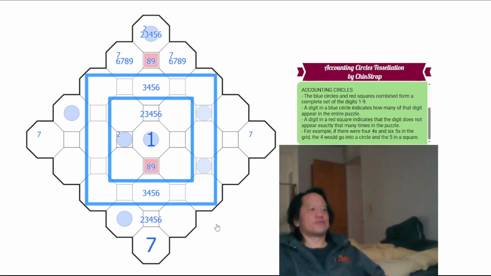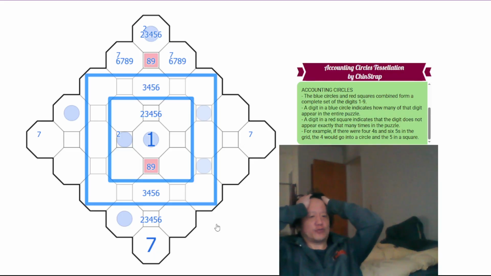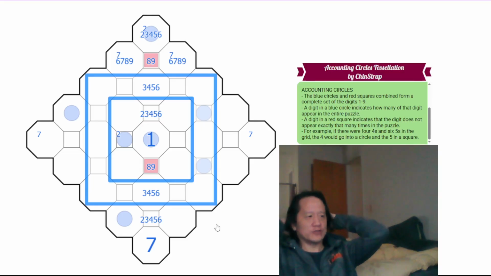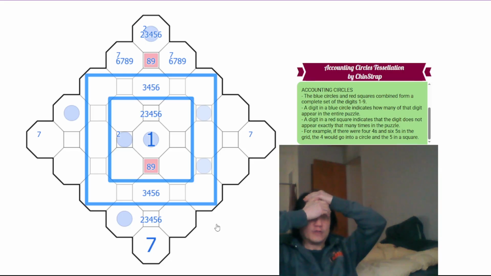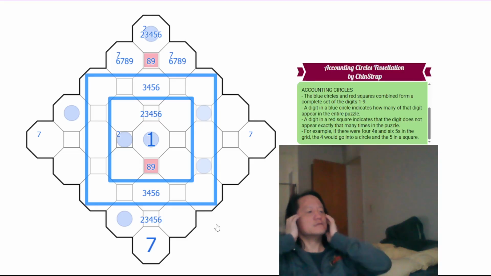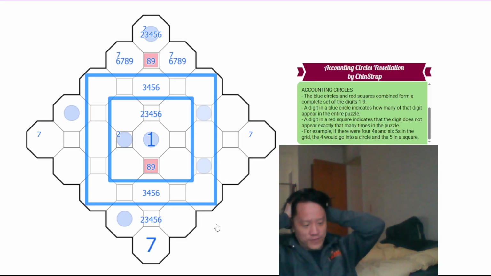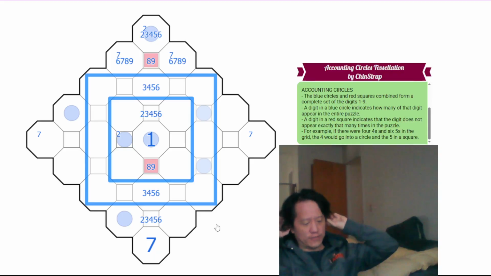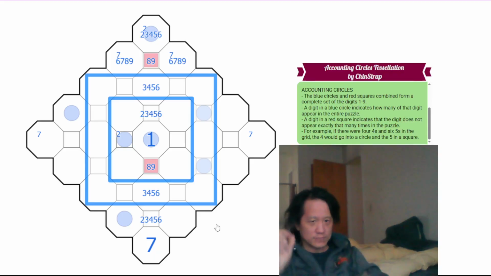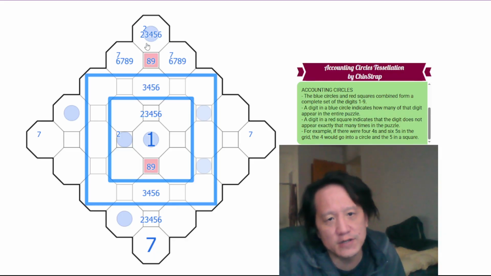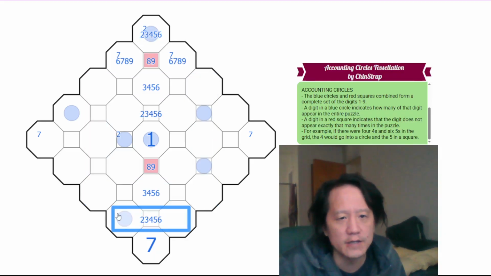You have 3 3s, so you have 1 extra 3. You have 4 4s. You have 2 extra 4s. 3 extra 5s. 4 extra 6s. 5 extra 7. Well, we know there's a 7, so there's a 7 not here and not here.